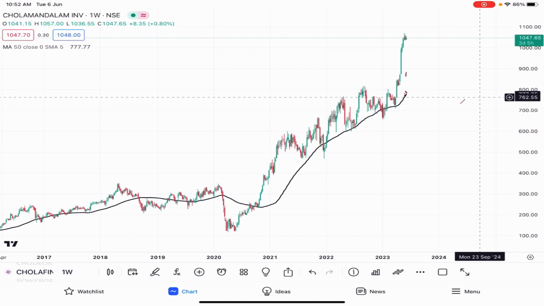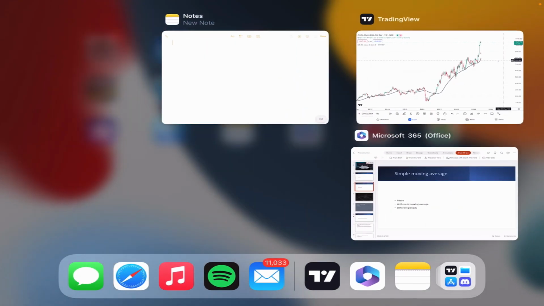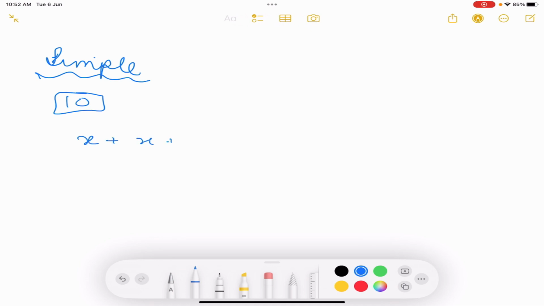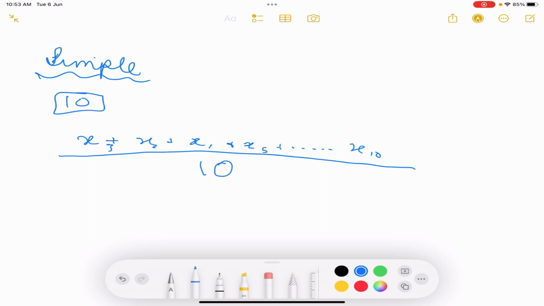Even though usually you shouldn't be tested on how to calculate the moving average, I'll still explain something. So right now we saw what is a simple moving average, right? If let's say the length of my moving average is 10, then I will add the closing prices of the previous 10 days, and divide by my number of observations, 10.